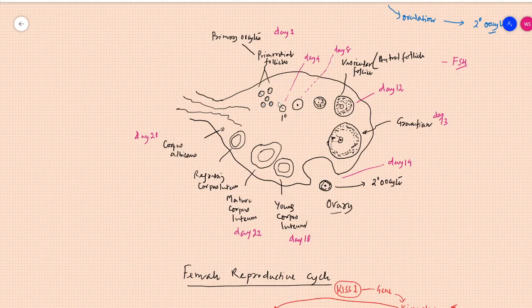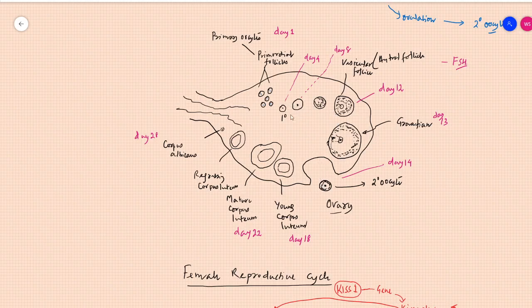They will stimulate the development of the follicles. Okay, so at a time more than one primordial follicle matures. Okay, and out of that only one becomes the dominant follicle. Okay, and that dominant follicle, what does it do? It continues to grow. It becomes a Graafian follicle and so on.